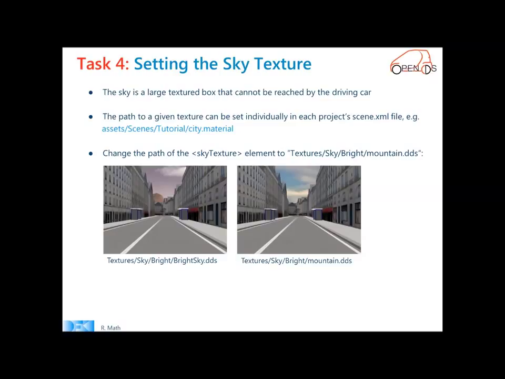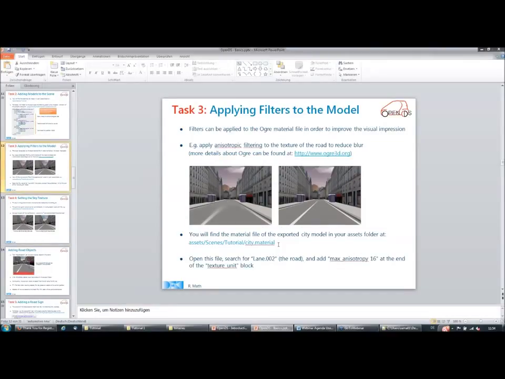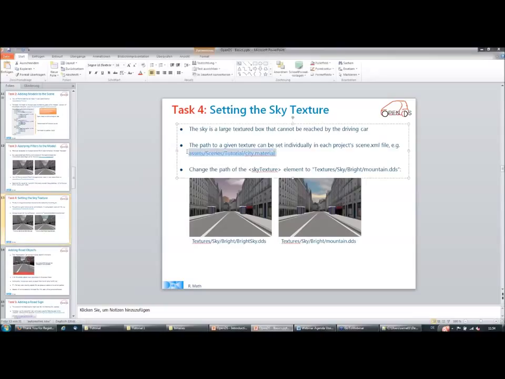This is a rather simple task. You have to go to your... yeah, I've just seen there's a mistake on my slide. Sorry for that. This path is wrong. Just correct that. Okay, now it's correct.